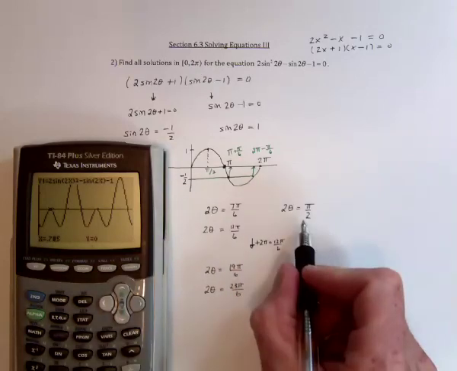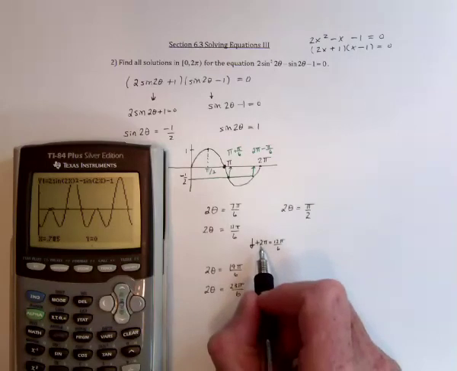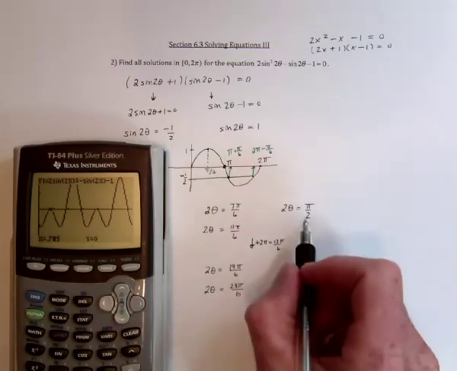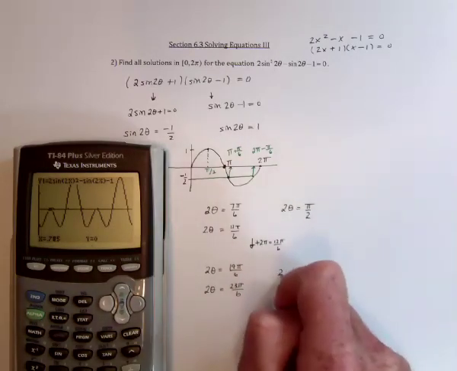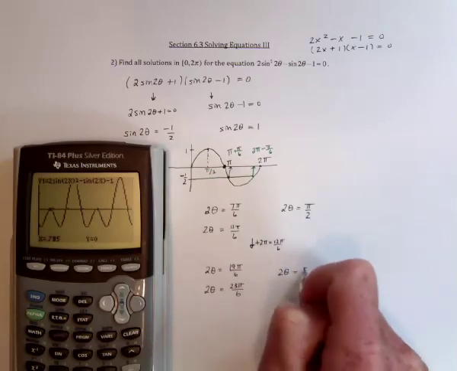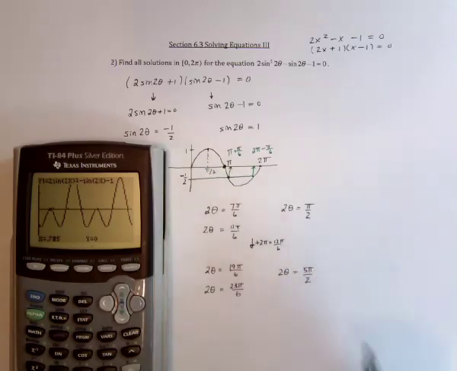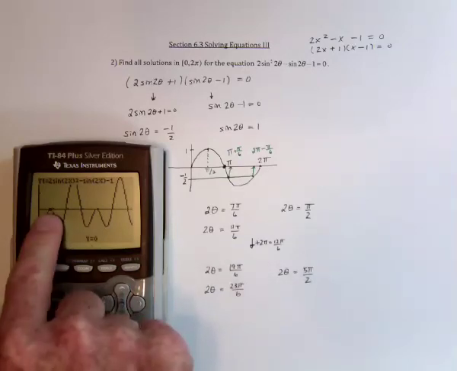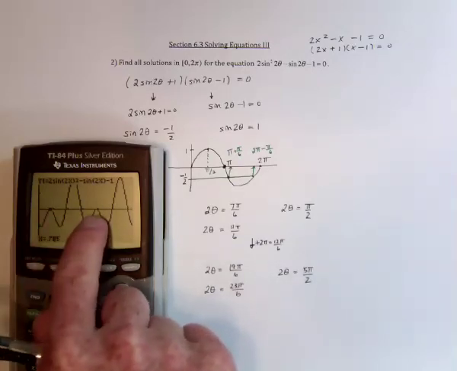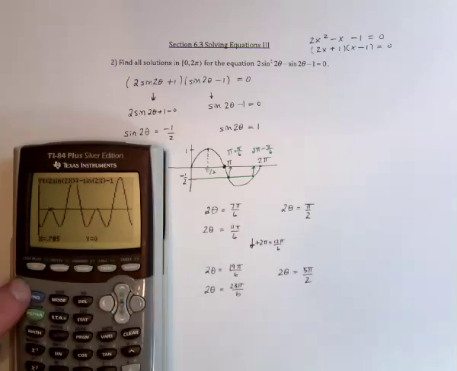And then over here, adding 2 pi is going to be, let's see, as far as halves, that's going to be 4 halves, plus one more is 5 halves. So 5 pi over 2. And then this one looks like that one, so that should be the 5 pi over 4, once we divide by 2.